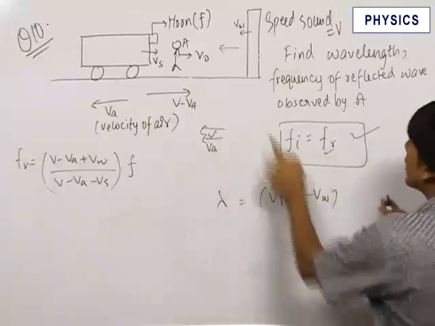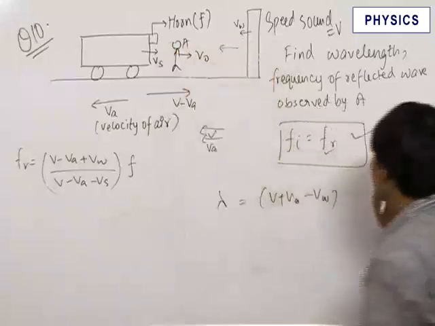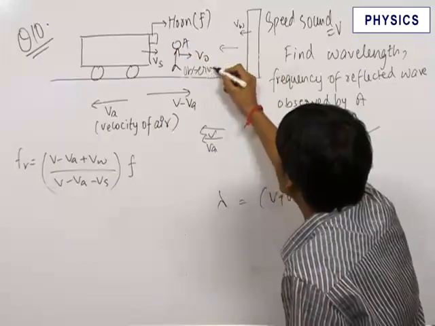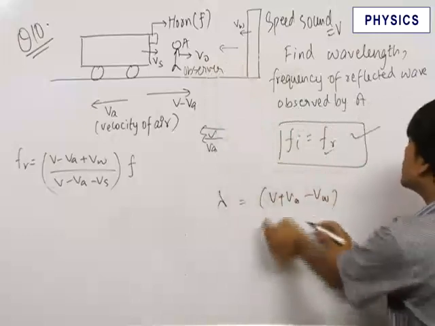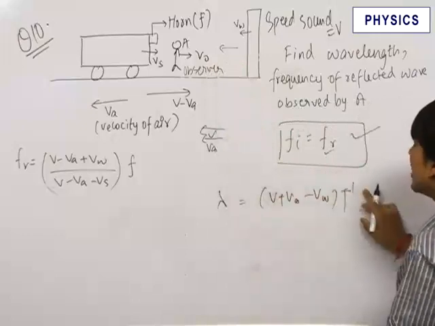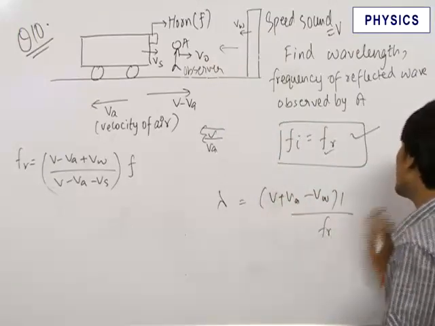V plus va minus vw, because the wall is travelling in the direction of the observer. The observer in this case is A. So the wavelength emitted is v plus va minus vw into t dash. T dash can be written as 1 upon fr, that is frequency reflected.